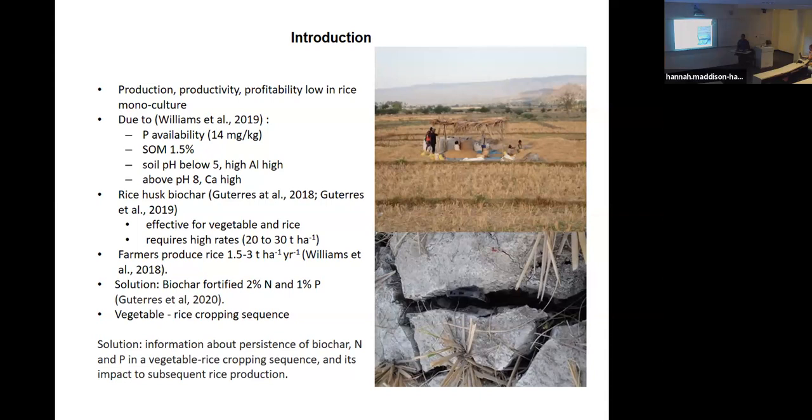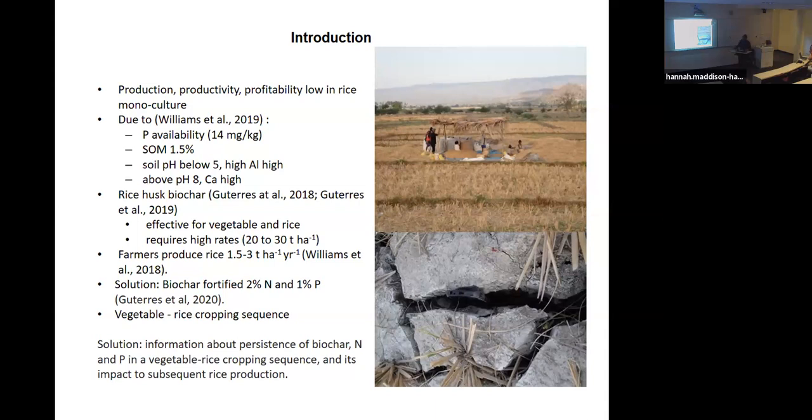This is because East Timor farmers are dealing with monoculture cultivation of rice, which does not help. The yield obtained from a monoculture system is very low, and the productivity as well as the profitability is also very low. This is due to the very poor soil.